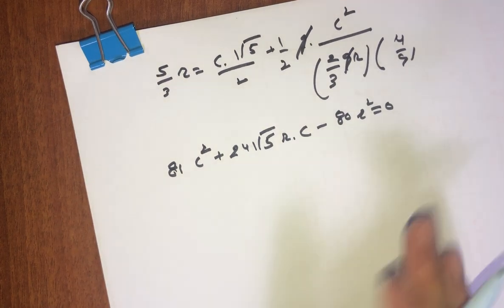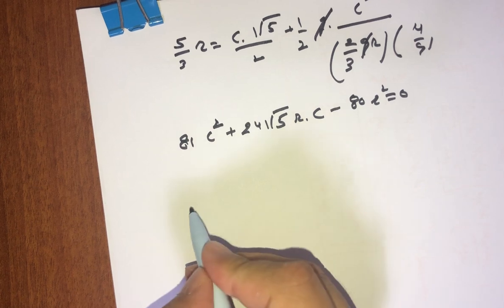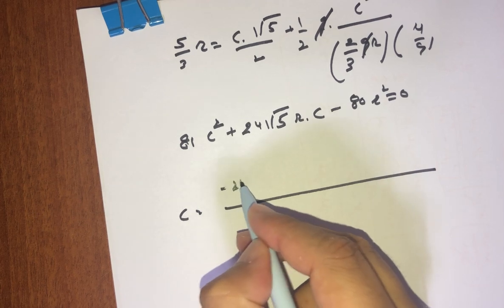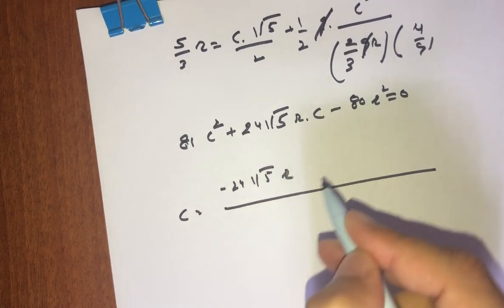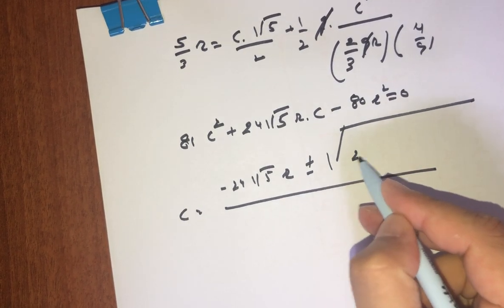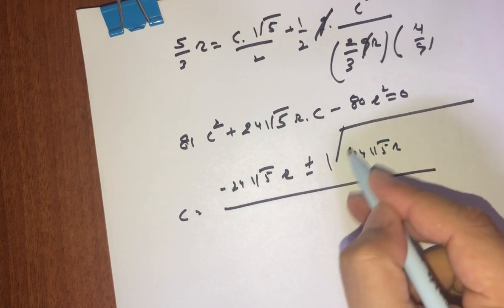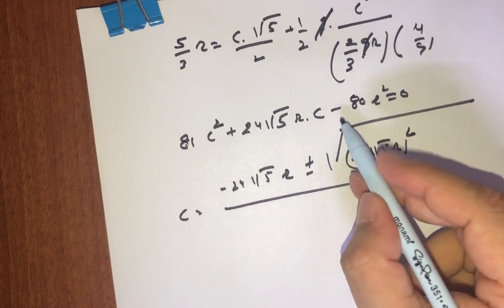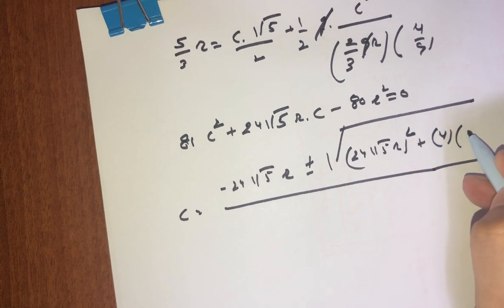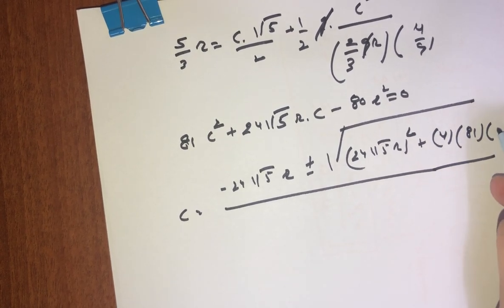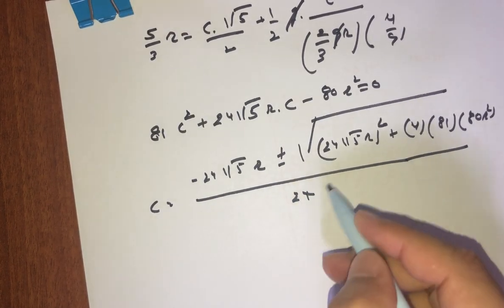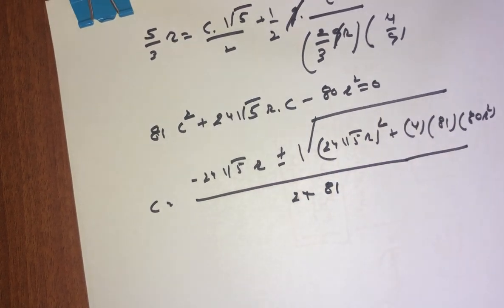Now we are going to find the roots of c. So c will be equal to minus b, that is 24 root 5 r, plus minus square root of b square minus 4 a c, where minus minus will be plus 4 a, that is 81, and c is 80 r square, divided by 2 into 81.